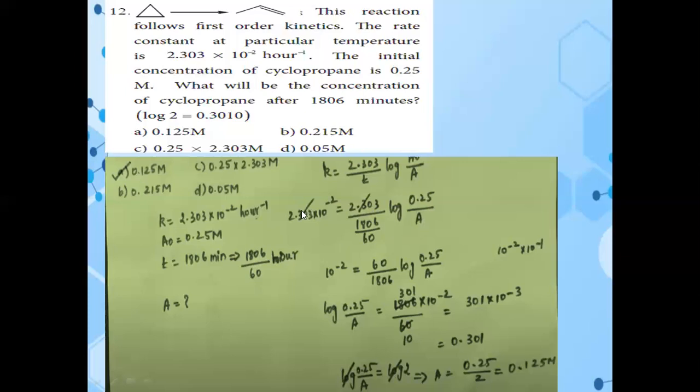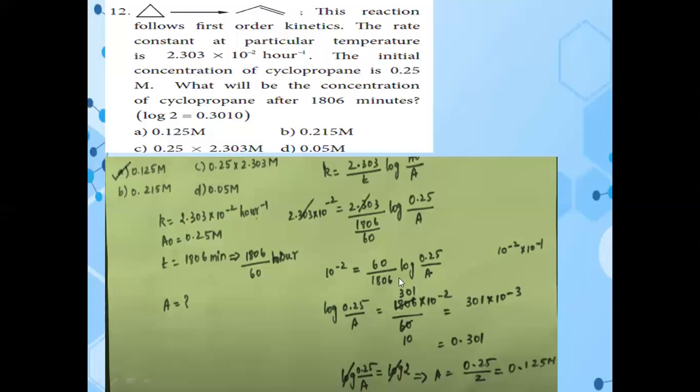Here 2.303 and 2.303 are common, so we cancel out both. We get 10 power minus 2 equal to 60 divided by 1806 log of 0.25 divided by A.